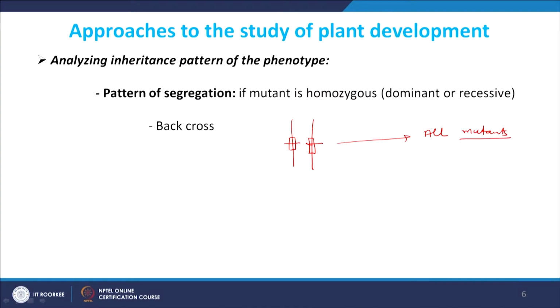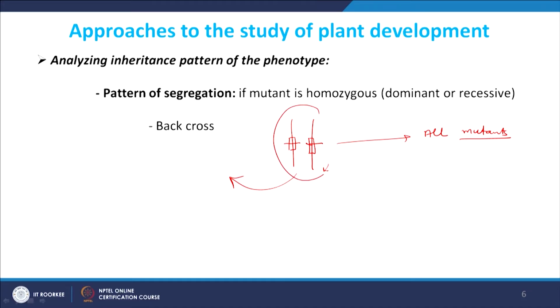Here it is very difficult to tell what is the nature of your mutants. Whether it is dominant or recessive does not matter, because both the loci are mutated, so they will not segregate. So, to rule out the possibility, you will have to make a backcross to generate heterozygous.